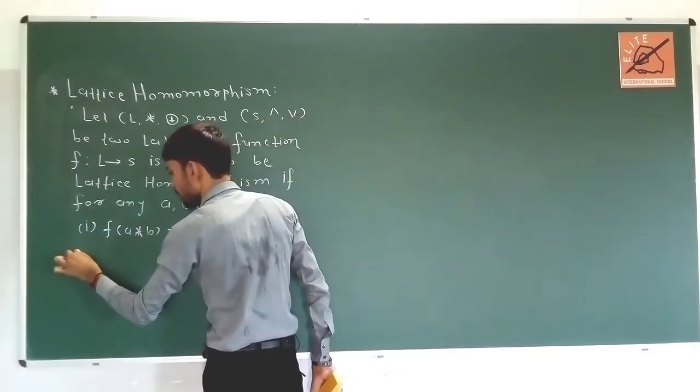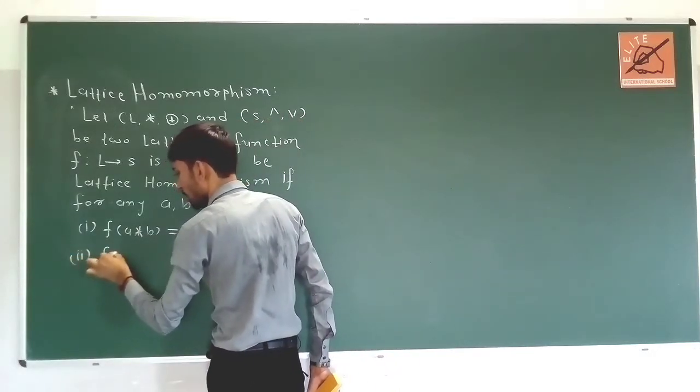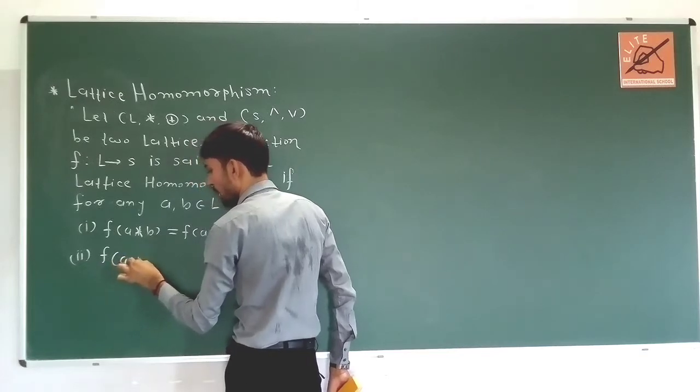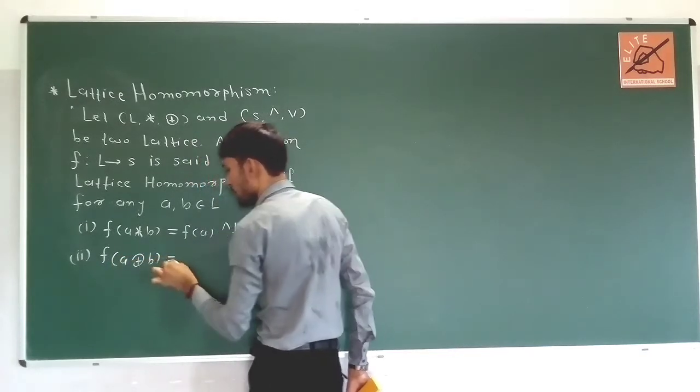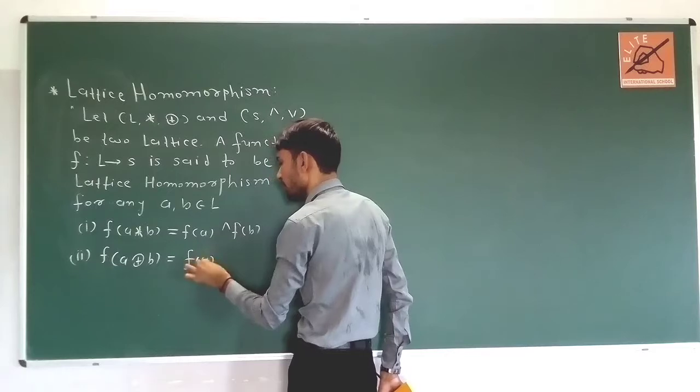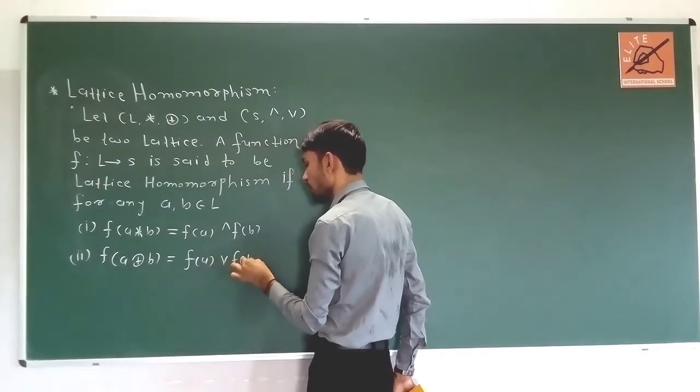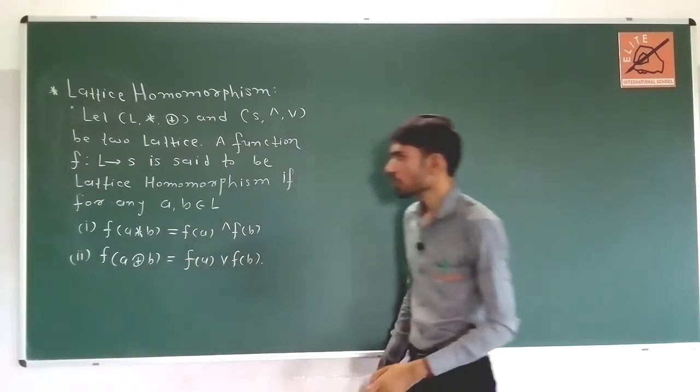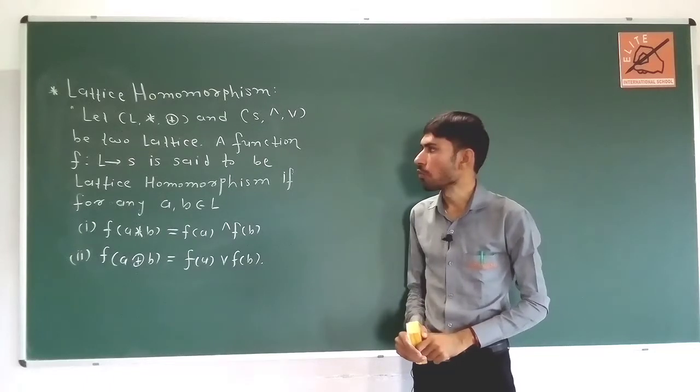Second condition is f of a ring sum b is equal to f of a join f of b. So this is the definition of the lattice homomorphism.